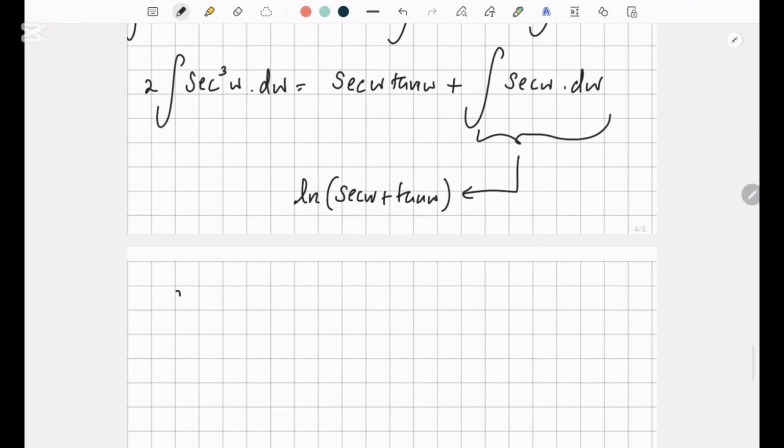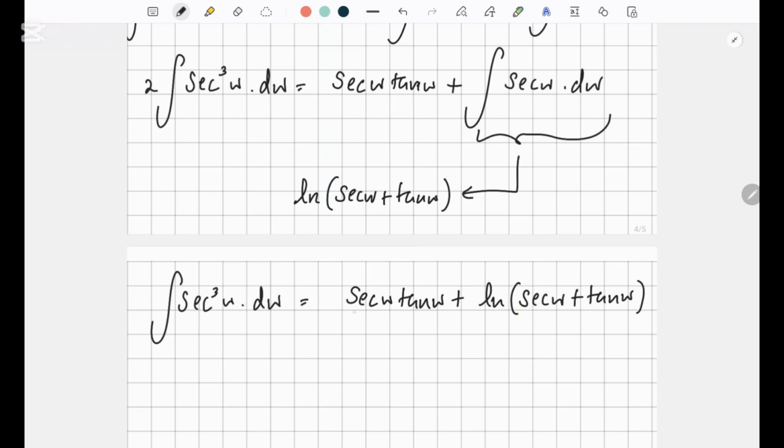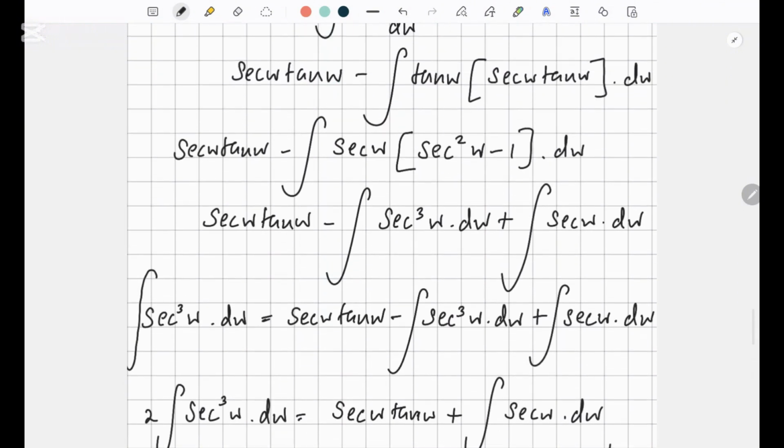Alright, so you could write the integration of sec cube w equals sec w into tan w plus ln sec w plus tan w, the whole thing divided by 2, because we had a 2 in front of the integration of sec cube w, right?